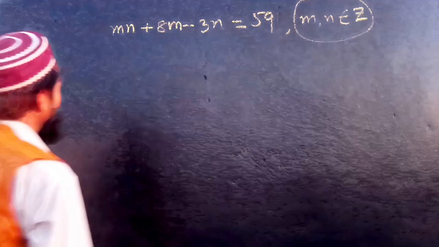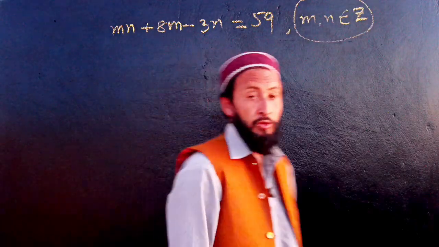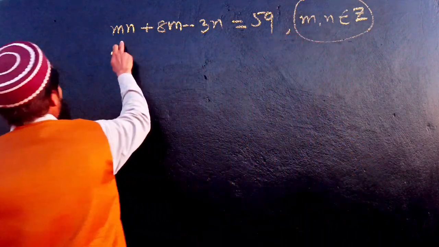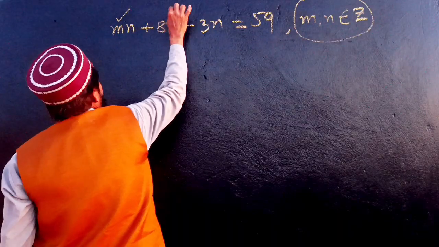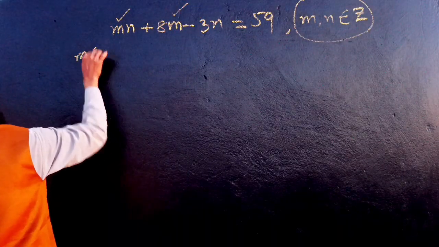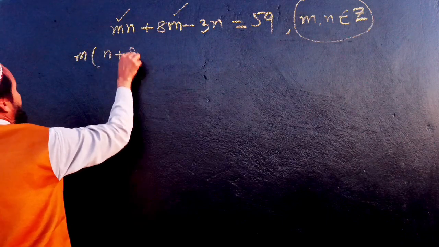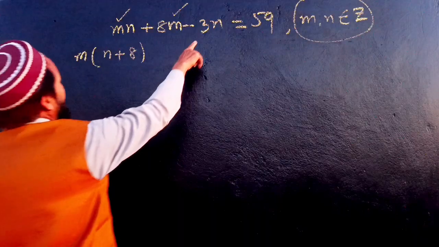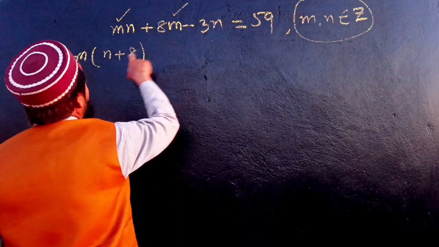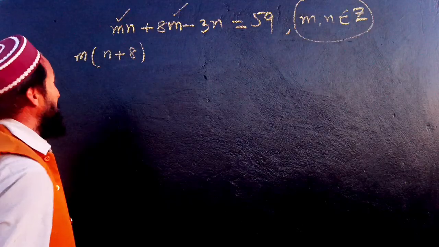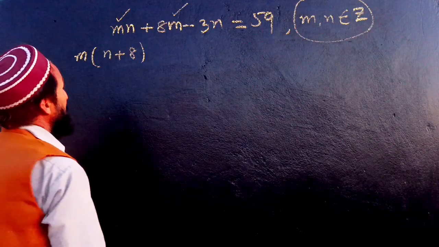So dear students, in this type of question we should think about m. Here, taking m common, we get m(n + 8) remaining. It means that we can also take n + 8 as one of the factors.